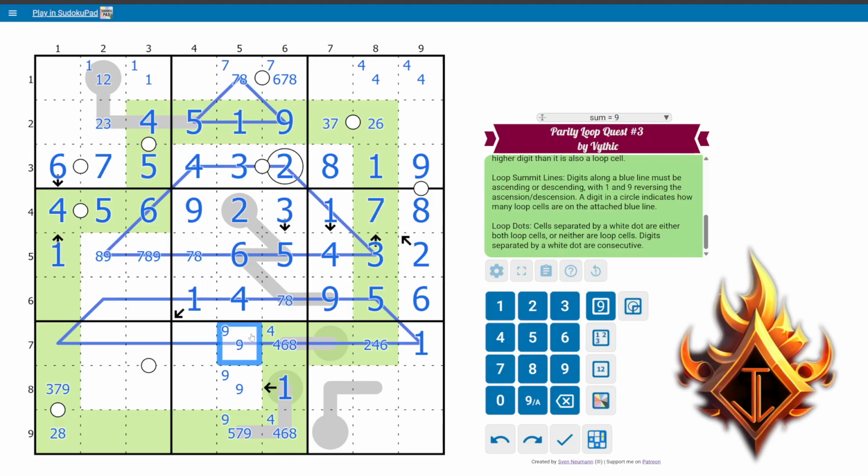So whenever we do hit 9, which could still be over here, we would start going back down. This 7, 8. So 9 in one of these.